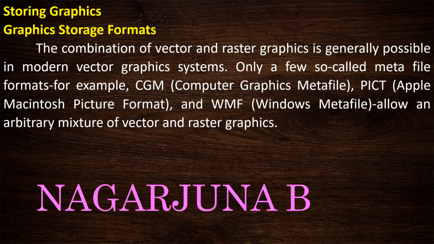The combination of vector and raster graphics is generally possible in modern vector graphics systems, and the file formats which support this combination of vector as well as raster graphics are called metafile formats. A few examples of metafile formats are CGM, Computer Graphics Metafile, PICT, Apple Macintosh Picture Format, and WMF, Windows Metafile.